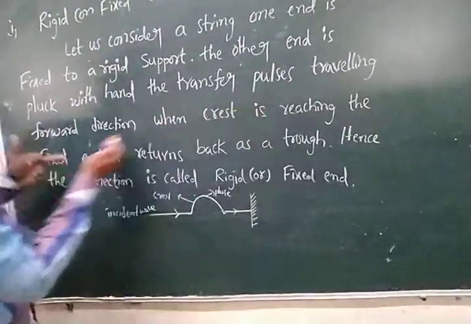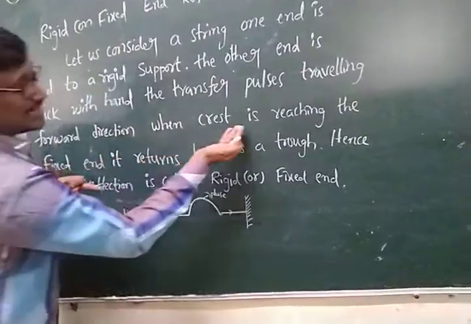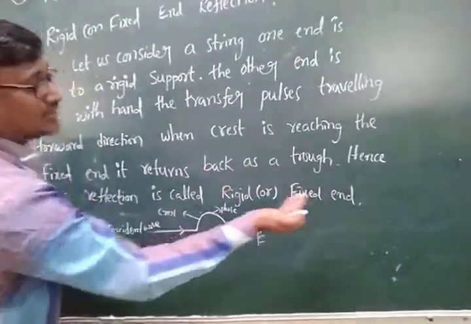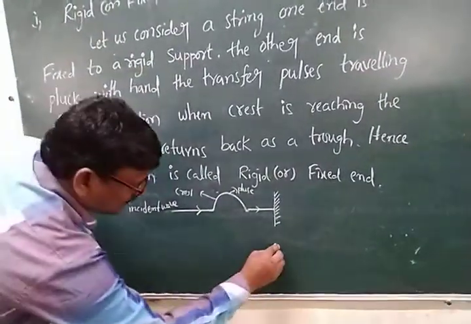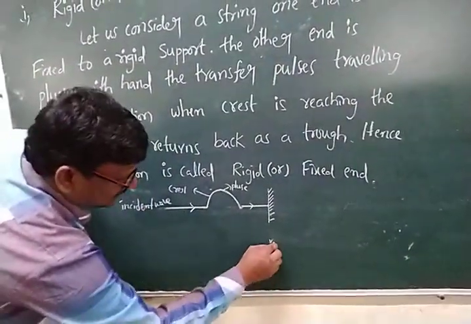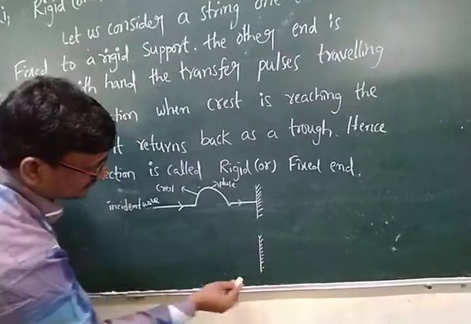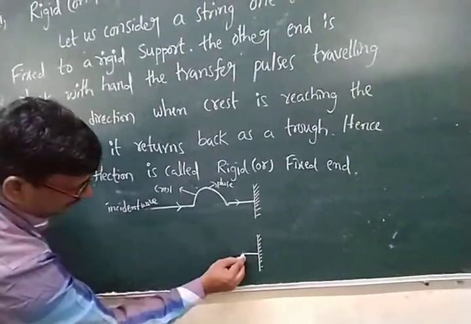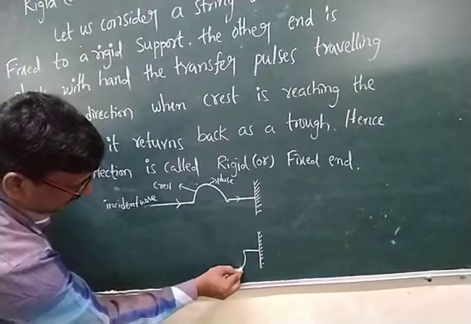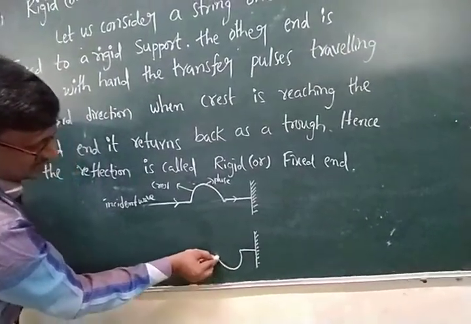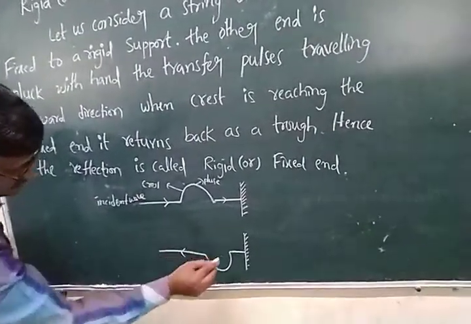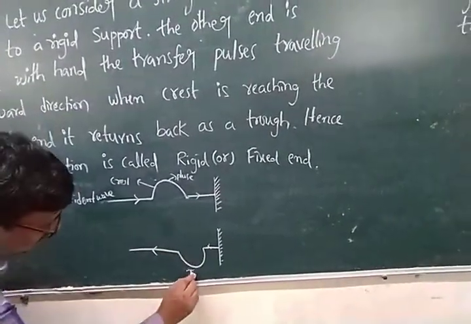The transverse pulse travels in the forward direction. When the crest reaches the fixed end, it returns back. The wave returns, but here the wave comes back downward. This is called the trough, traveling in this direction.